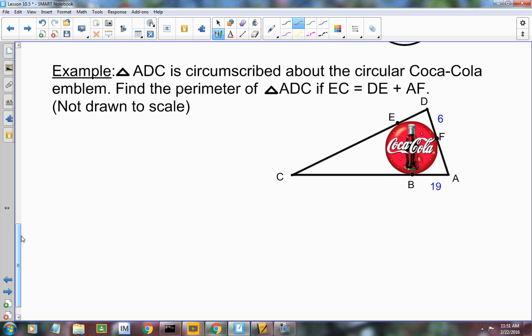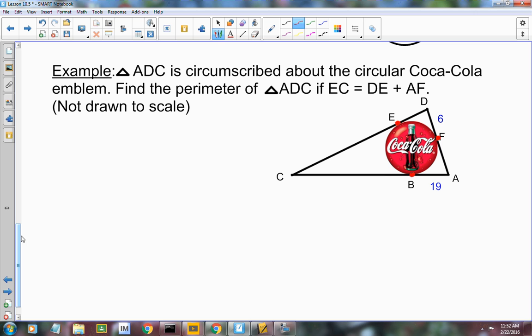That means it encompasses it. And when it encompasses it, that means that each side of the triangle is tangent to the circle. So it only intersects the circle in one point. So CD is tangent to the circle at E, DA is tangent to the circle at F, and CA is tangent to the circle at B. So that's what it means to be circumscribed about a circle. Each side of the triangle is tangent to the circle.